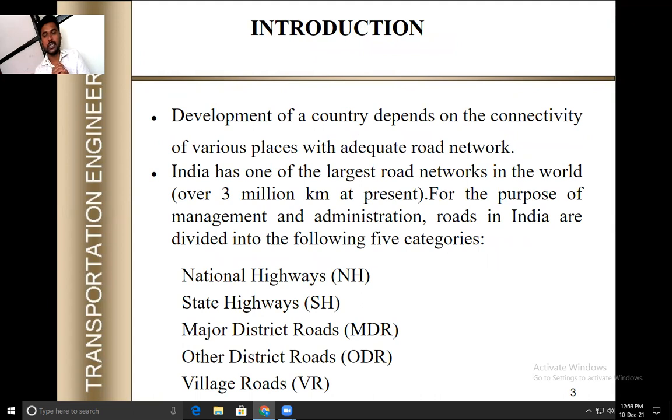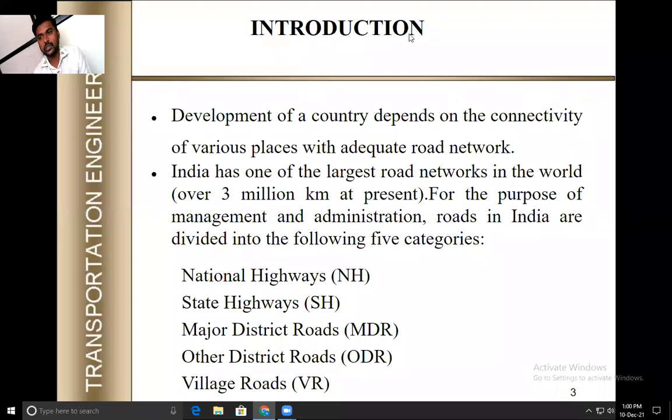In India there is the largest road network, about 3 million kilometers of roads. For management and administration, roads in India are generally categorized as national highways, state highways, major district roads, other district roads, and village roads. These are the general types we consider whenever we are dealing with roads.